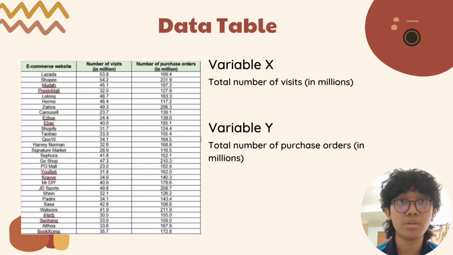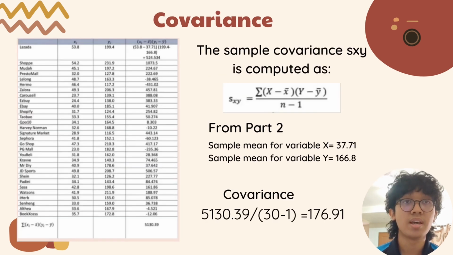Today I will be presenting part 5, which is calculate and interpret measure of association between two metrics. Based on the data table, we can identify two variables, which are x, number of visits, and y, purchase orders. First, we need to calculate covariance. Sxy equals the sum of (x minus x bar) multiplied by (y minus y bar) divided by n minus 1, where n is the sample size.